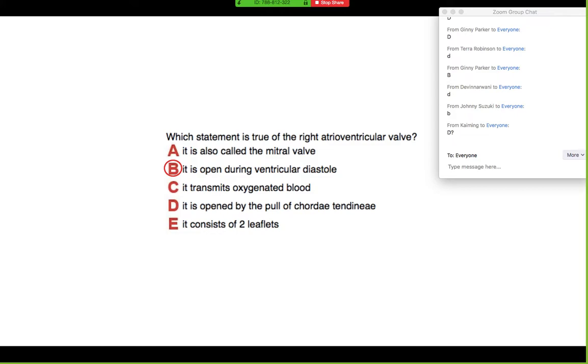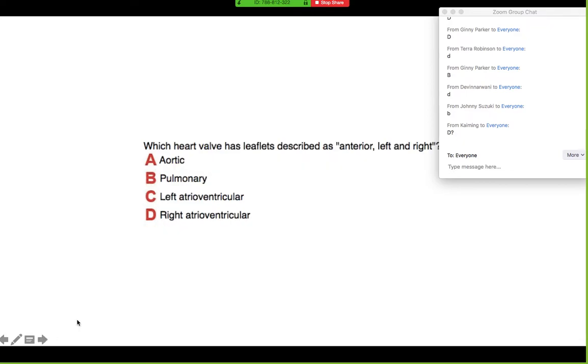Remember that AV valves are going to be open, and then your pulmonary valves are going to be closed until the heart's ready to contract and push the blood out. So the pull of the chordae tendineae is actually going to close the valve. Okay.